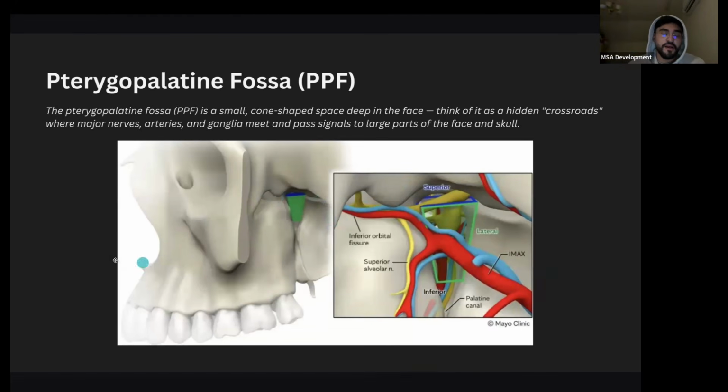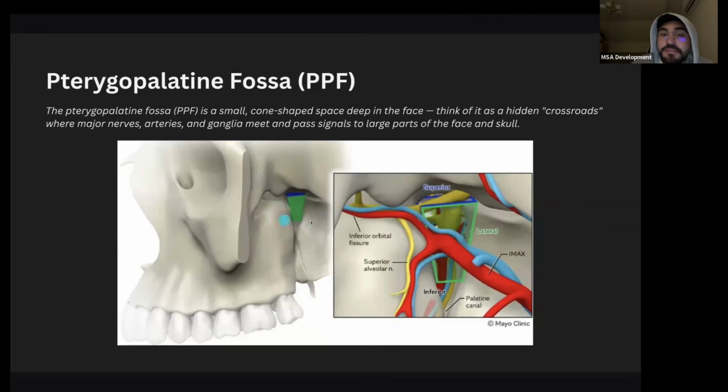So this is part of your skull, basically zoomed in. And right here, you see this small cone-shaped structure. This is your pterygopalatine fossa. It's very deep in the face, and it's like a crossroad of major nerves, arteries, and ganglia.